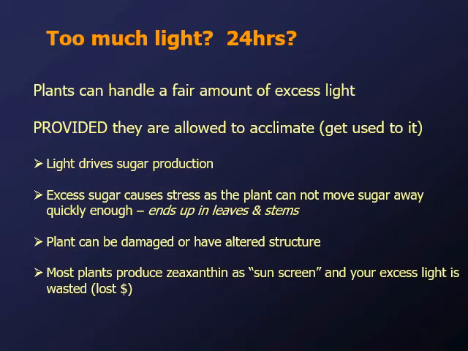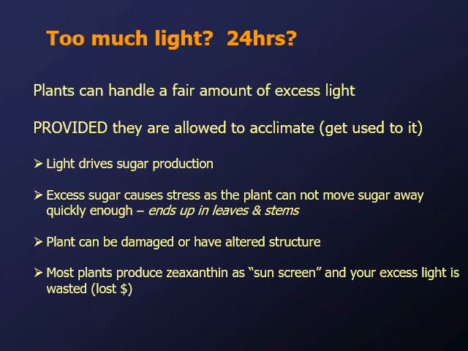But what's important, first of all, is if you're going to do that, you need to ramp up the light intensity over some time. If you just hit a plant really hard, going from regular light to really intense light, and leave it at that, the plant may experience burn. It needs to take time to adjust and accumulate enough proteins like chlorophyll to deal with the added light intensity.